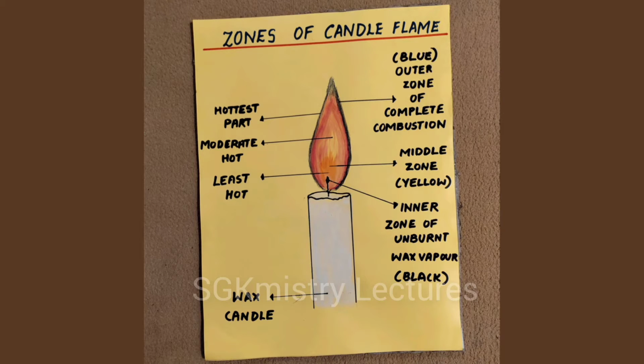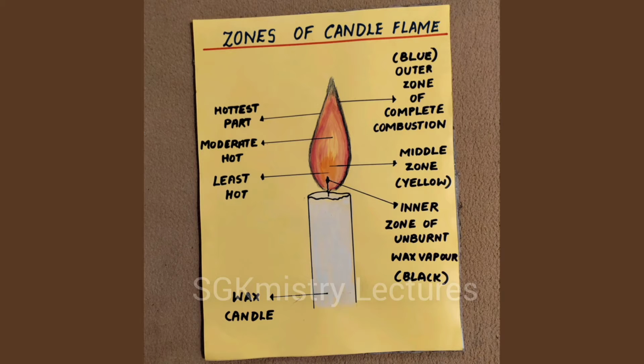Here, combustion is not taking place, whereas in the outermost zone it is complete combustion, and in the middle it is partial combustion, but here it is completely unburnt. That is, the wax that is present in the candle is completely unburnt here, and because of this it appears black in color.